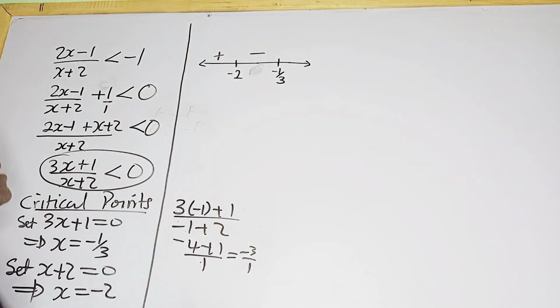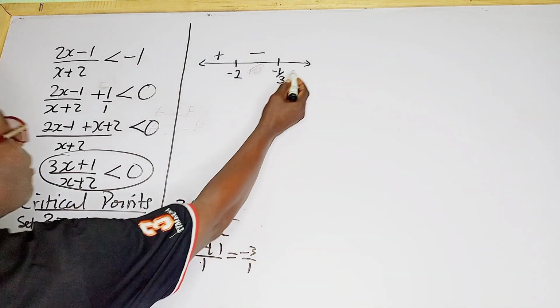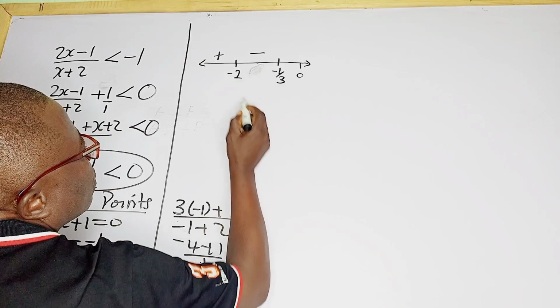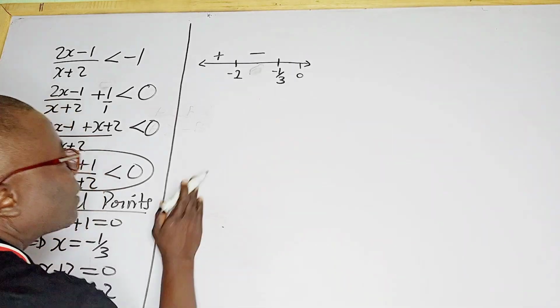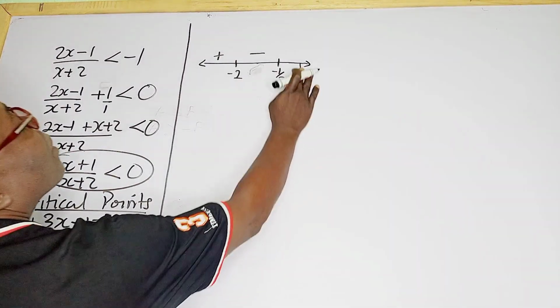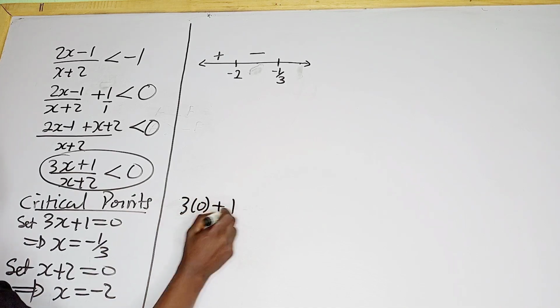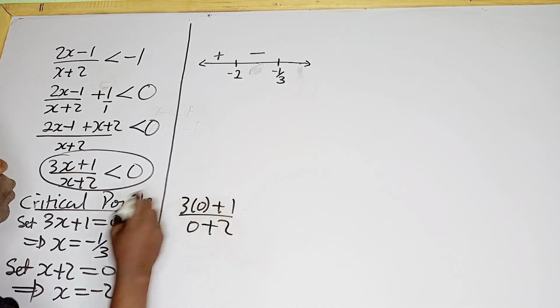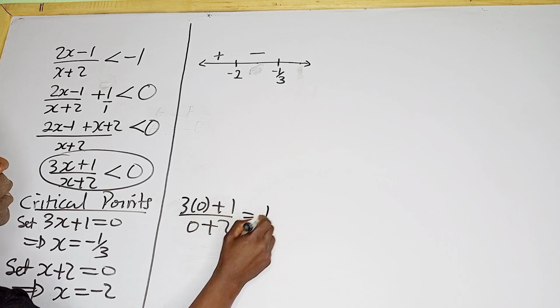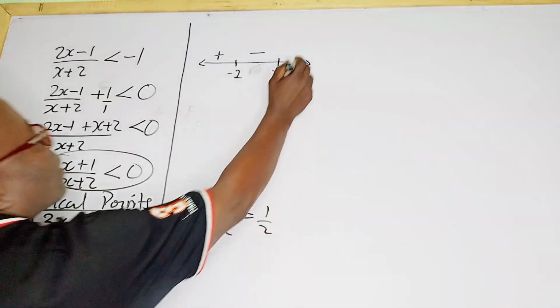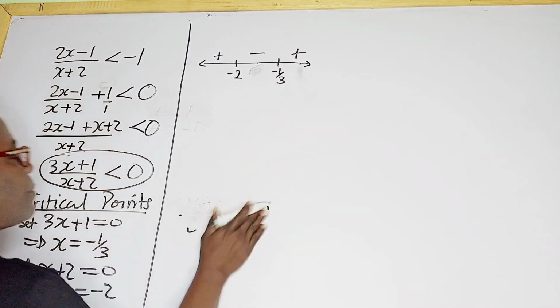So here we have negative. Let's take a value this way. A good value could be 0, which is always to the right of negative 1/3. We have (3 times 0 plus 1) over (0 plus 2). This gives us a half, which is positive. So here we have positive.